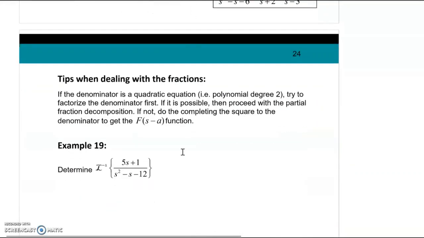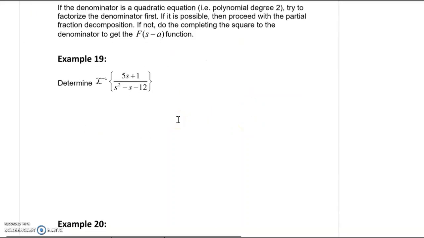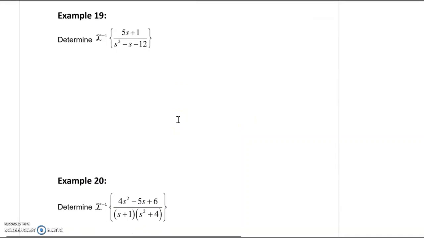Now, tips when dealing with the fractions I mentioned earlier. If the denominator can be factorized in terms of bracket times bracket, then you do the partial fraction. Otherwise, you do the completing the square. So let's see example 19 here.